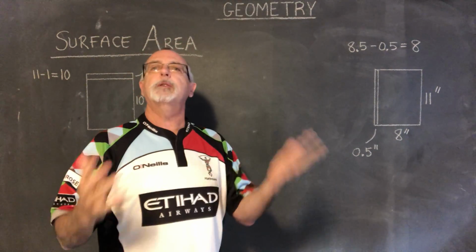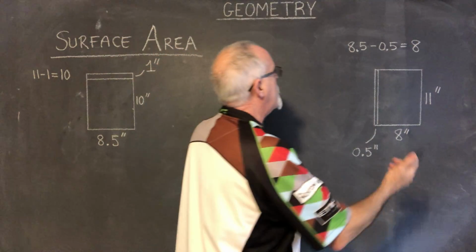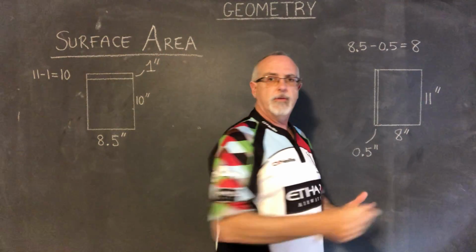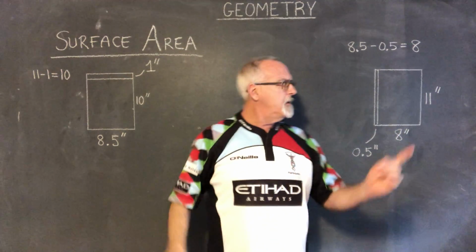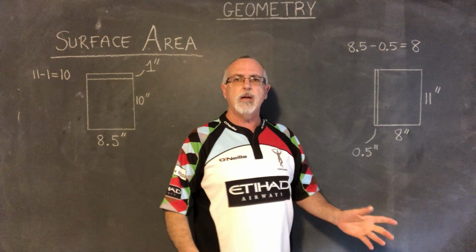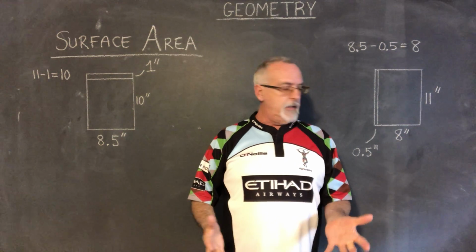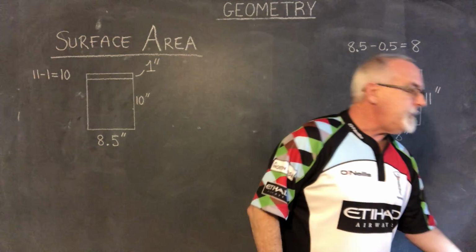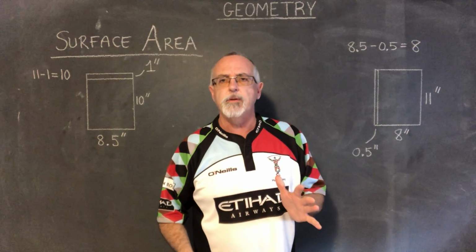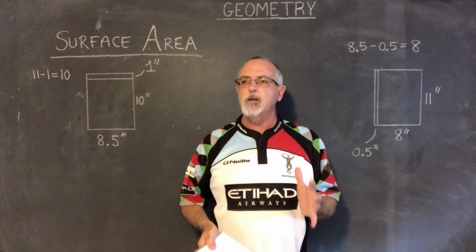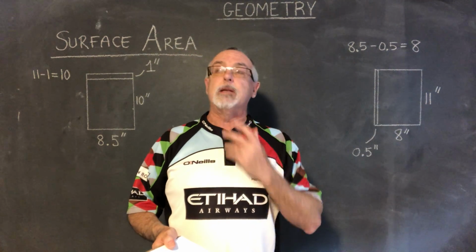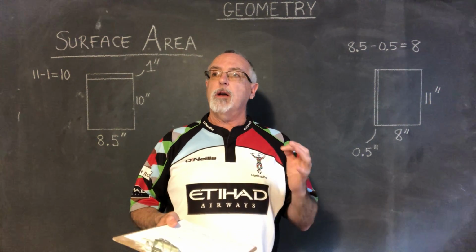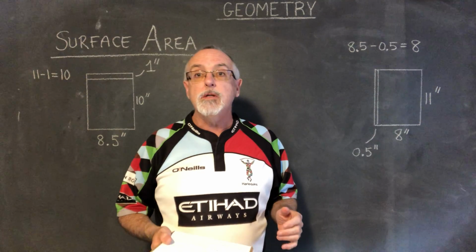Now, if it's surface area, why do I have these two drawings of rectangles with lines across this one and along the side of that one? There is a reason. I decided I wanted to make cylinders for the lesson, at least for our first few examples, that students could also make.